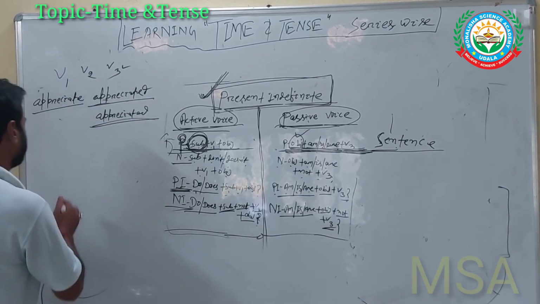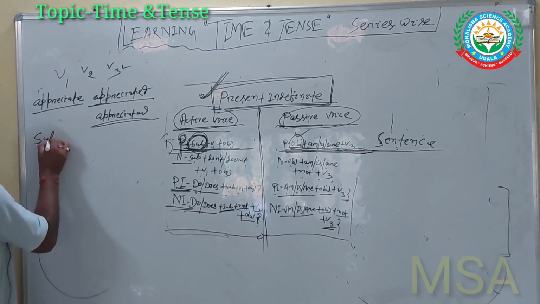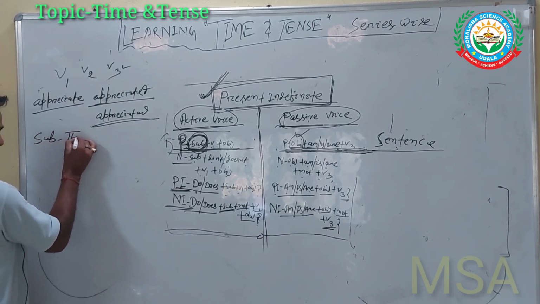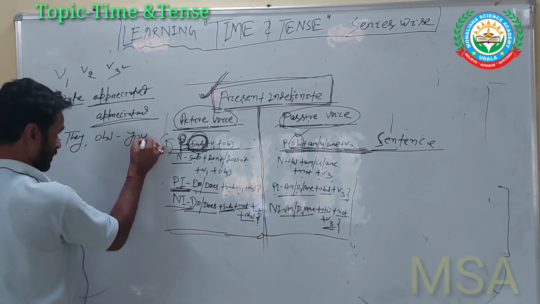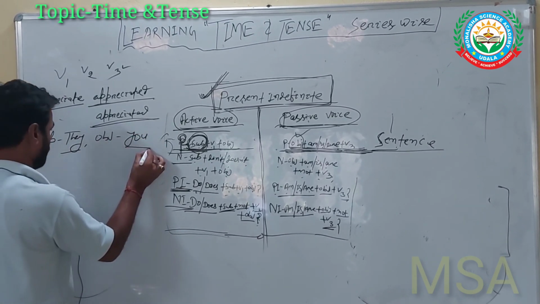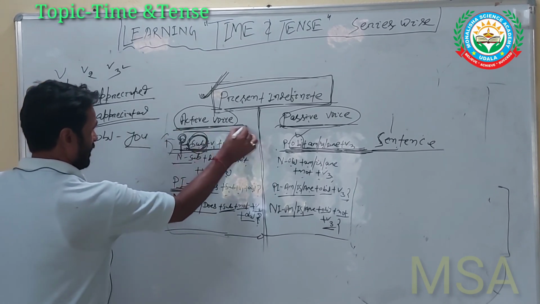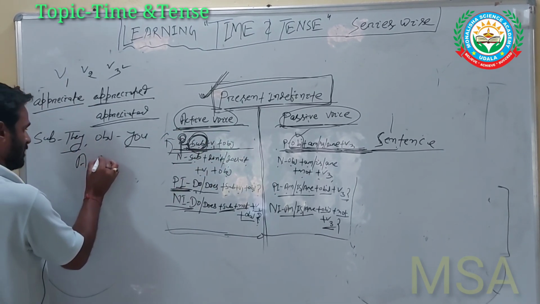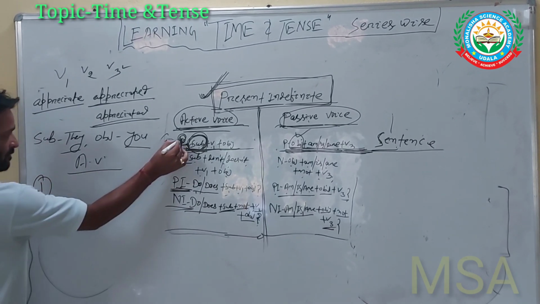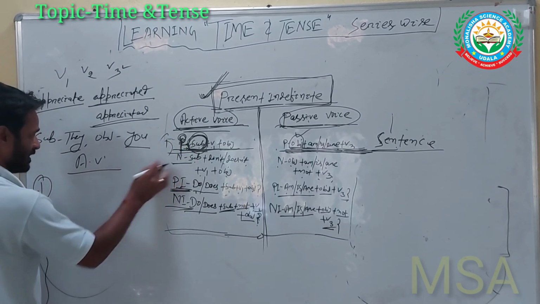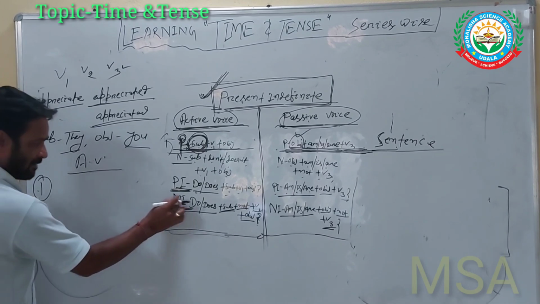The example I would like to take here: suppose the subject is they, and the object is you. The example is in active voice. Number 1 means positive, 2 means negative, PI means 3, NI means 4.